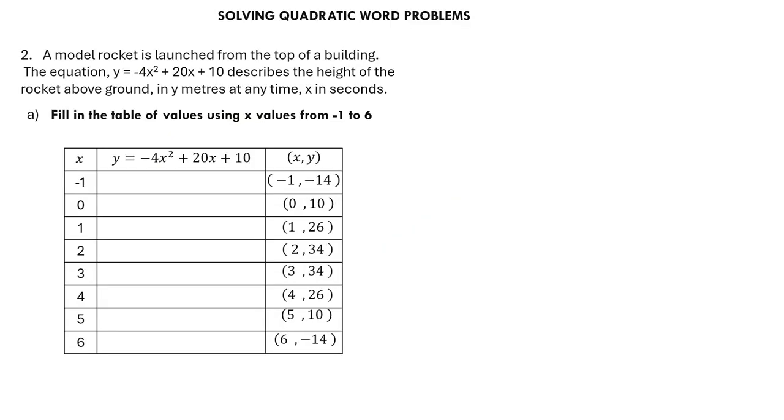Our next question, number 2: a model rocket is launched from the top of a building. The equation is y equals negative 4x squared plus 20x plus 10. y describes the height of the rocket above the ground in meters, and x describes the time in seconds.